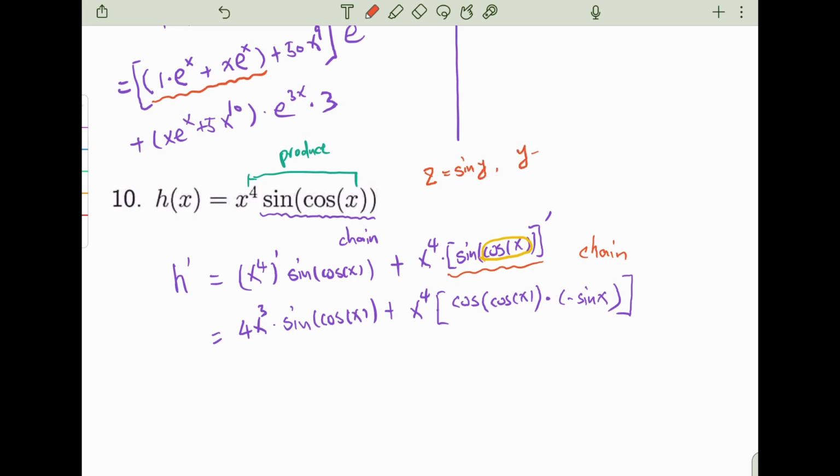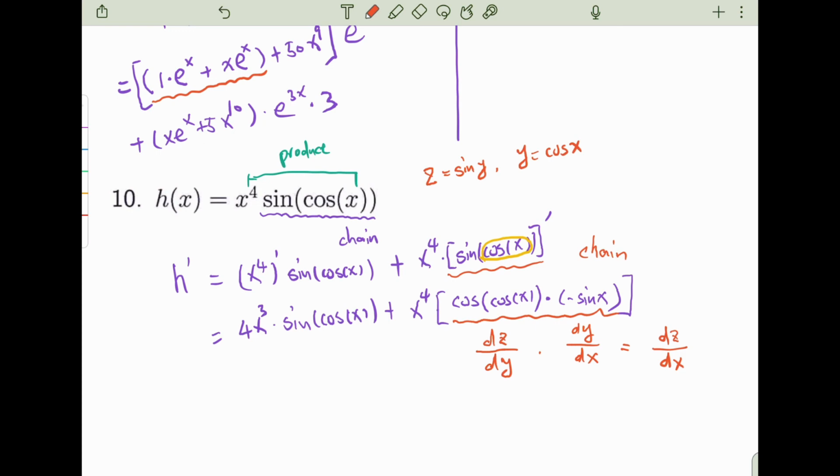Well, y is equal to cos of x, and this guy here is the derivative of z, dz divided by dx, right? And that, by the chain rule, is written as dz divided by dy times dy divided by dx.